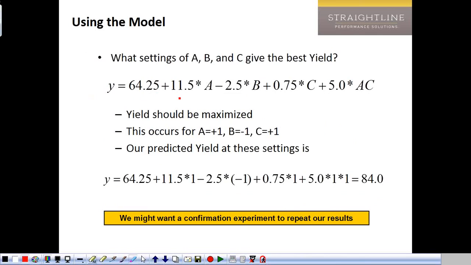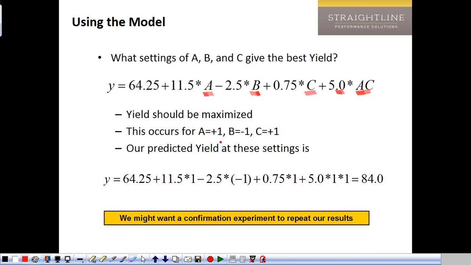So if we look at this and we say what gives us the best yield, it would be when A is positive, B is negative. High yield is good, right? So if B is at the negative, that makes this minus 2.5 plus, right? And then let's see, how about C? C is positive, that'll make that plus, and positive, positive also means a positive there.